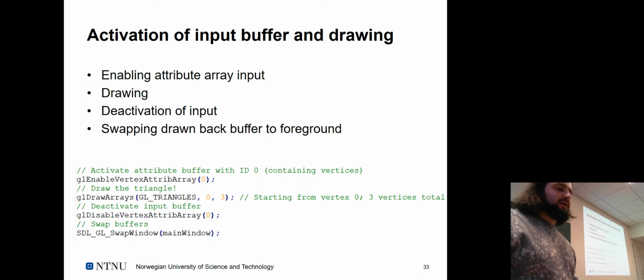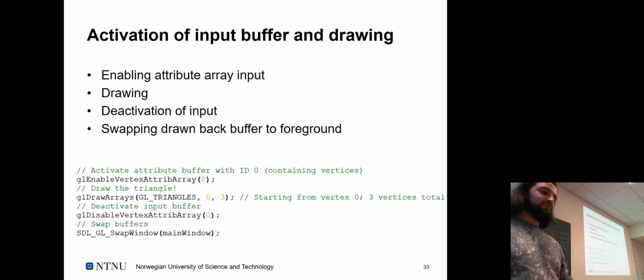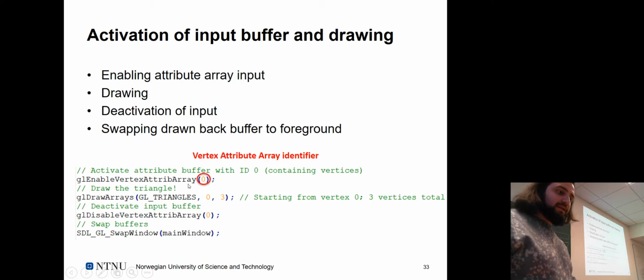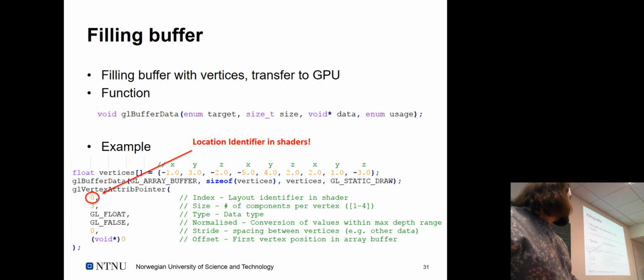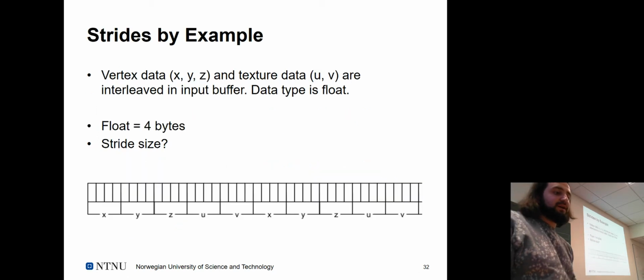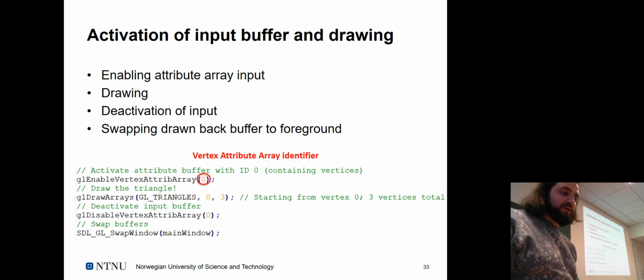Yeah, and activation of those buffers I'm putting into drawing. If we have a look, we need to enable vertex attribute array, and the 0 here is actually this 0. So we pass this index, the instruction of picking the data, which has its unique identifier, to this function.